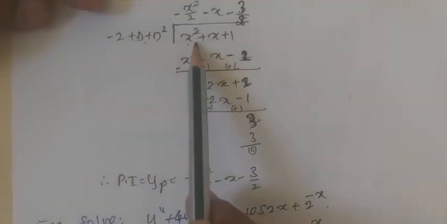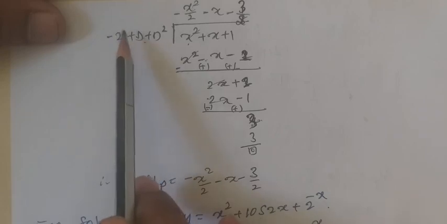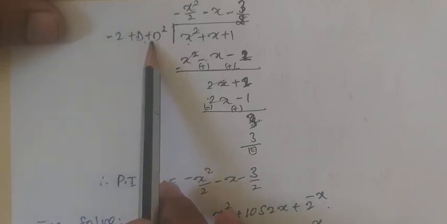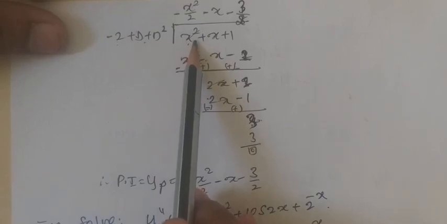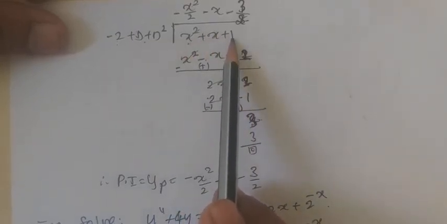Now when finding the PI, as I told you, we should write the denominator L of D in ascending order, that is D raised to 0, the constant term, should be written first, that is -2 + D + D square, and the numerator should be written as x square + 1.